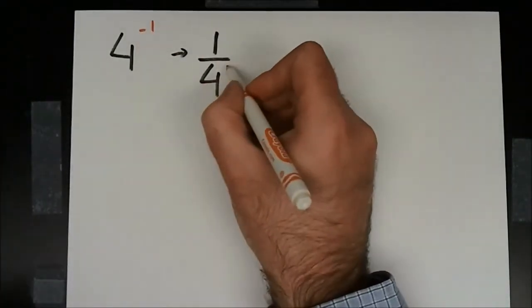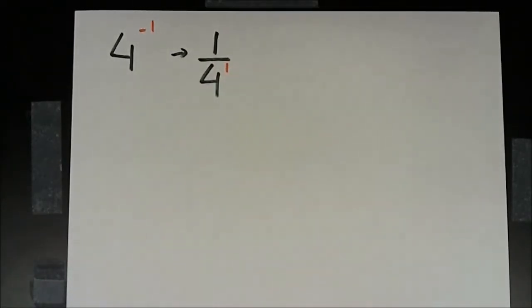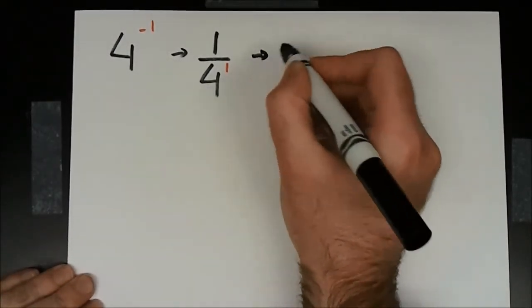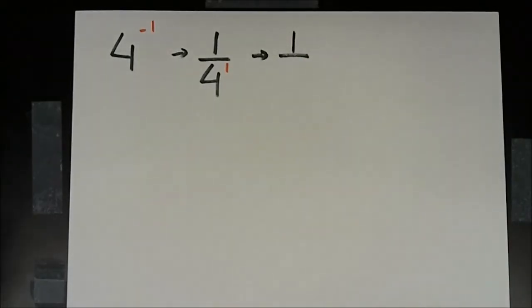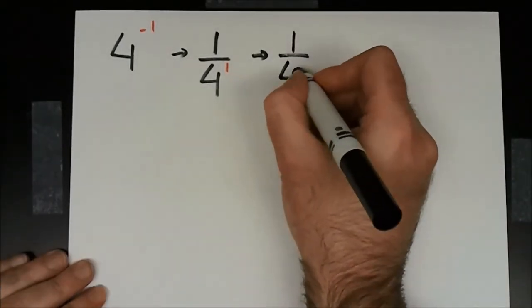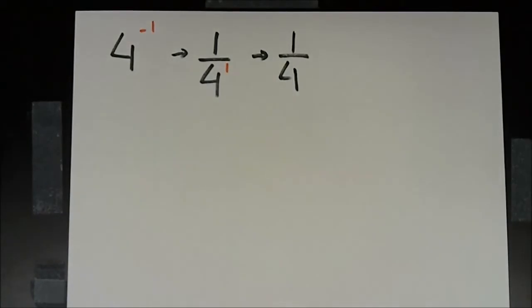And the power of 1 remains. Does that power of 1 do anything for us? Or can I just ignore it? If you said just ignore it, because anything taken to the first power is the number itself, then you were absolutely correct. That's that. Not bad at all. Okay.